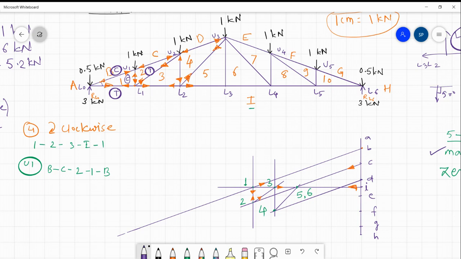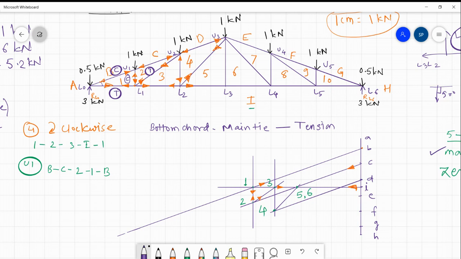In short, all the bottom chord members, commonly known as main tie members, are always in tension. If you see, all these bottom chord members are tension in nature.